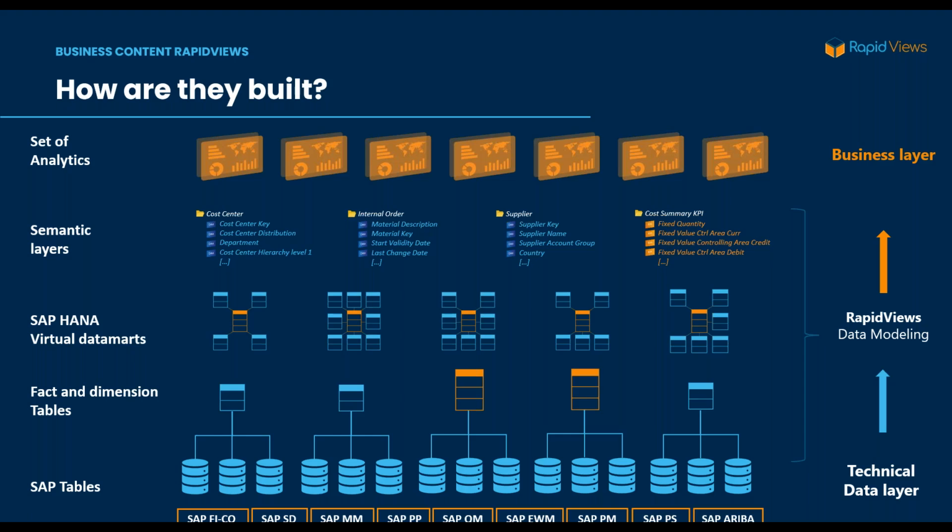We built this concept of fact and dimension view tables. On top of that, we built a data mart, star schema, and we rename everything and provide this concept of semantic layer.